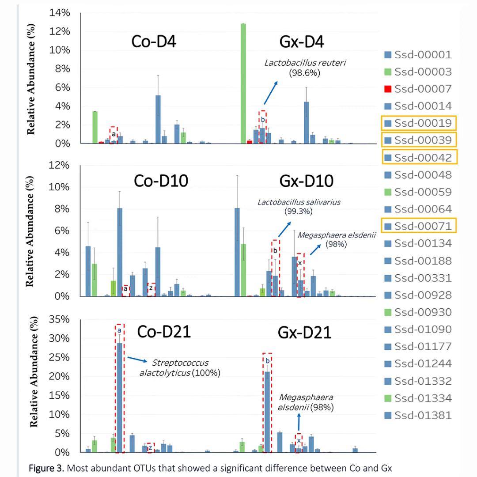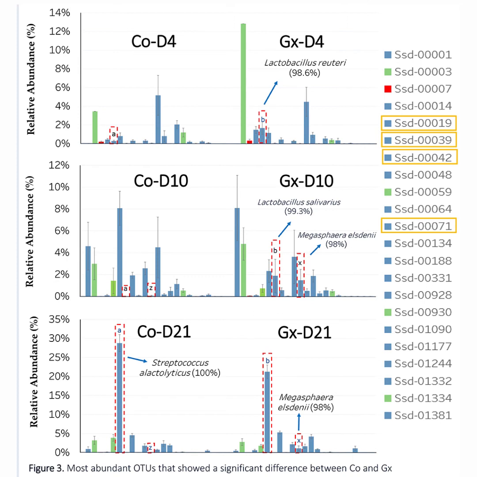Now, another interesting thing that we observed at both day 10 and day 21 was the increased abundance of the bacterium Megasphaera elsdenii. This bacterium has the characteristic that instead of producing lactate, it consumes lactate.